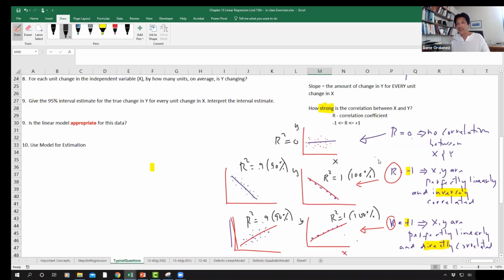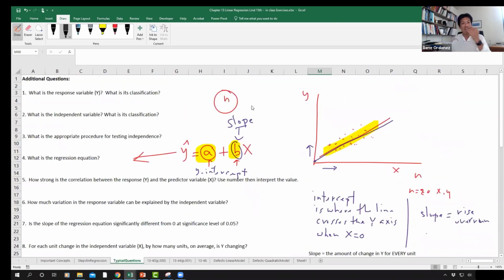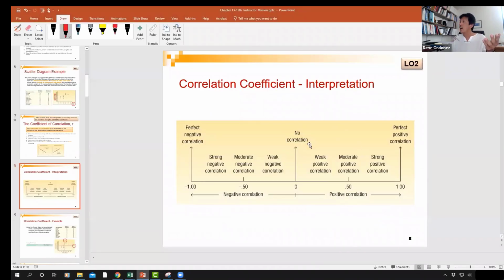Okay, so are we clear so far? Good, because I've gone through this in the steps here. We've talked about the answer to this question: how strong is the correlation between X and Y? Use the number, then interpret the value. In interpreting the value, I would point you to this slide so that you can assign a descriptive term to the correlation coefficient value that is generated by Excel.